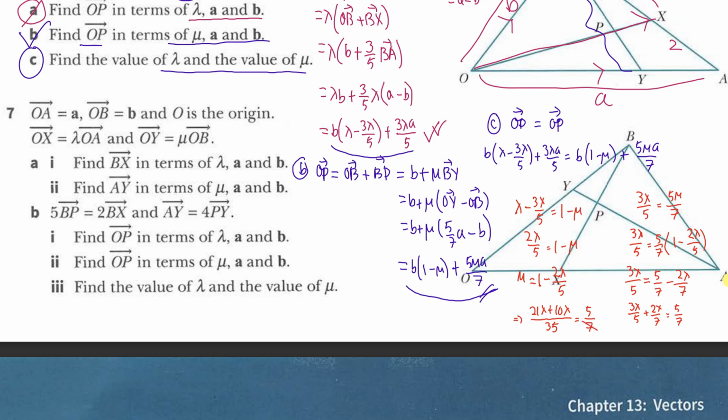We can cut this 7 and write here 5. Then if we simplify more, we write here 21 plus 10 is 31 lambda.